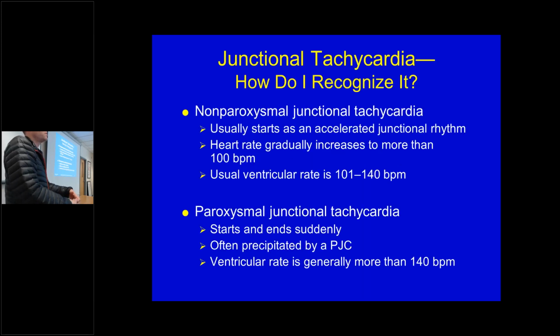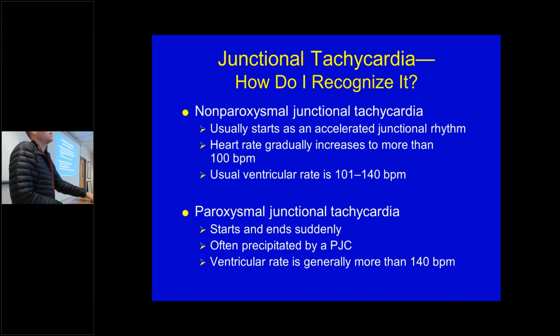All right, non-paroxysmal junctional tachycardia. If it's non-paroxysmal, it's constant, I should say. Accelerated junctional rhythm is what heart rate? 60 to 100. A junctional rhythm is 40 to 60. Accelerated junctional rhythm, 60 to 100.